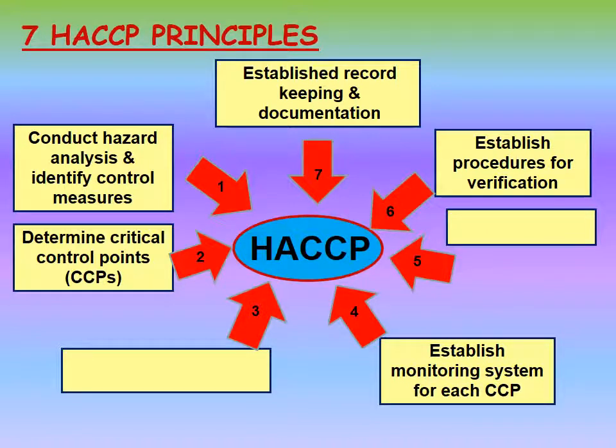The second principle is to determine the critical control point, CCP. And then establish the critical limit for each CCP. Principle number 4, establish a monitoring system for each CCP.